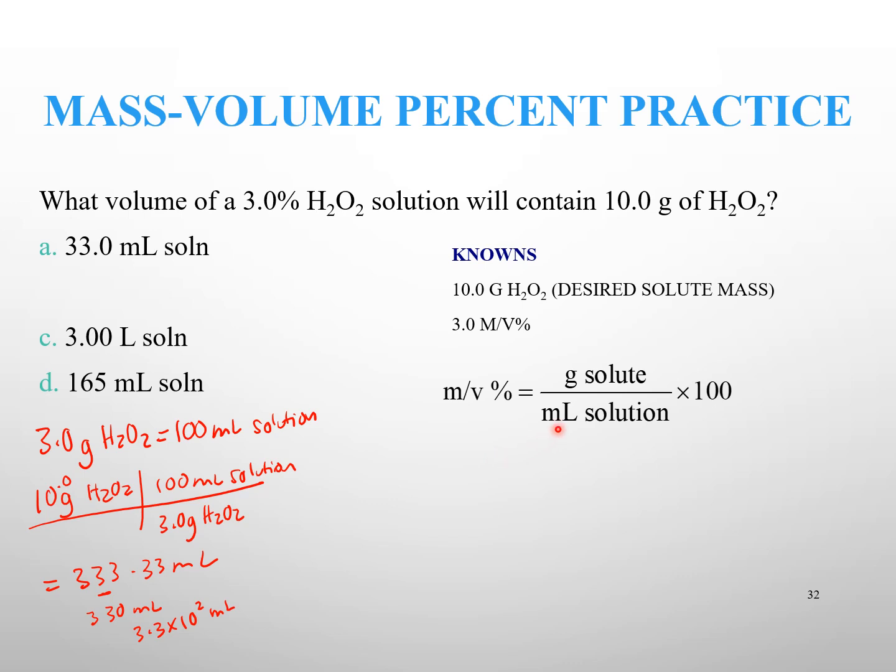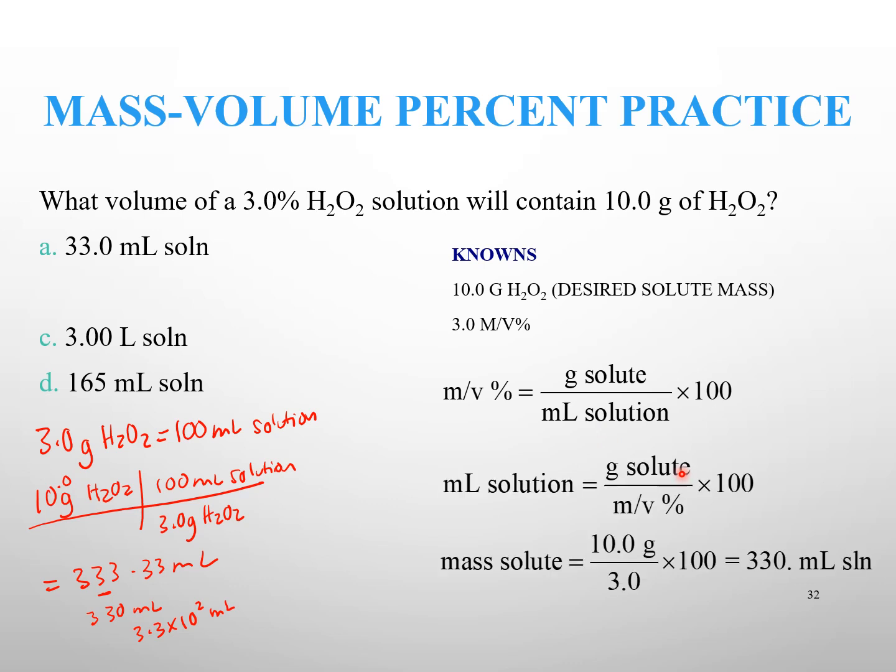You want to look for volume solution. So volume solution is rearranged to be grams of solute divided by the mass volume percent times 100. So again, to solve for it, this is volume solution. So volume of solution would be 10 grams of solute divided by 3.0 mass volume percent times 100. You get 330. Same answer.